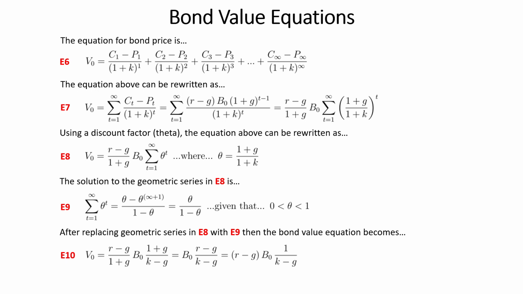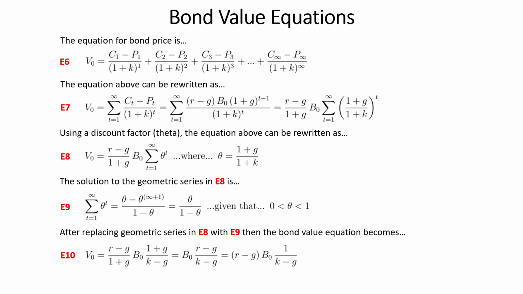What we want to do is express that summation as a geometric series and try to get a closed form solution for it, which is what we do. We note the geometric series in the term bond was theta minus theta to the T plus 1, over 1 minus theta. But in this case, capital T would be the term, which is infinite.